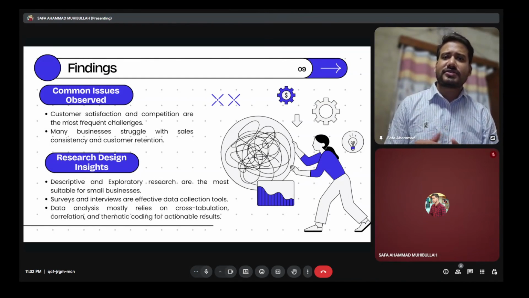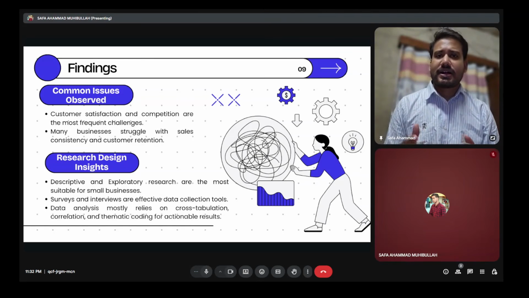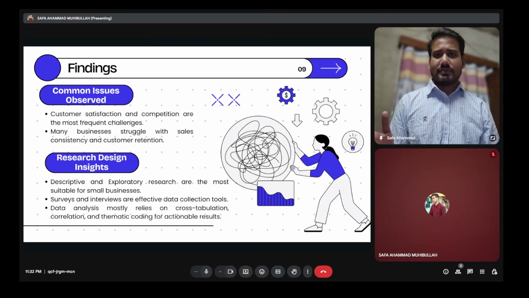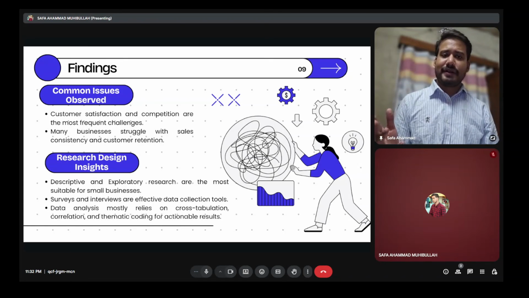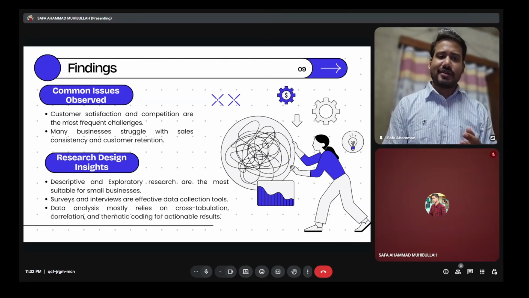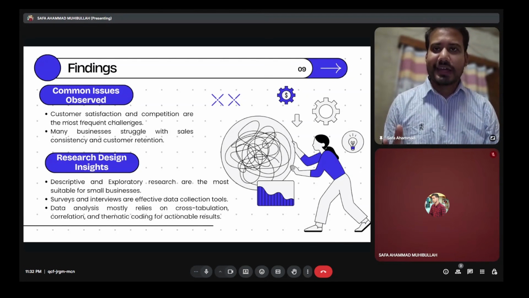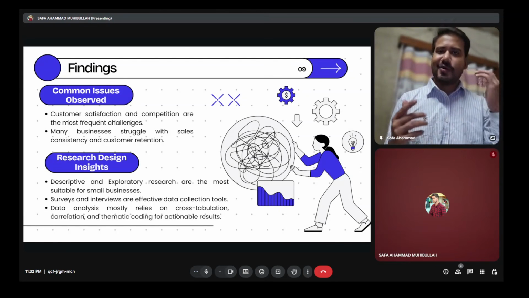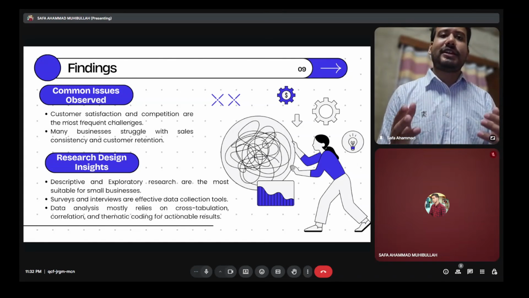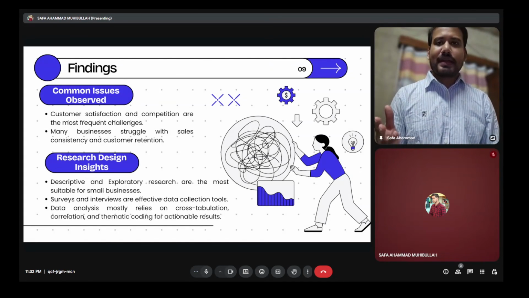So here are the research design insights. Descriptive and exploratory research are the most suitable for small businesses, because small businesses often need to first understand what is happening and why. Surveys and small interviews are effective data collection tools.